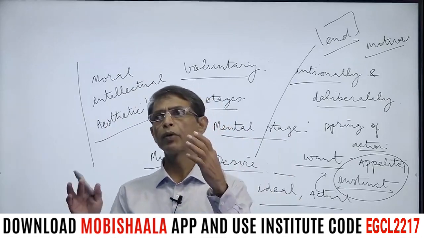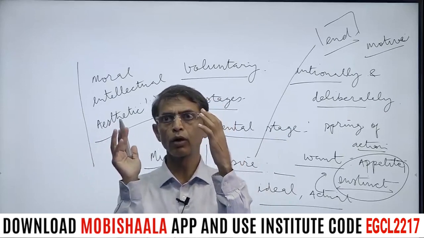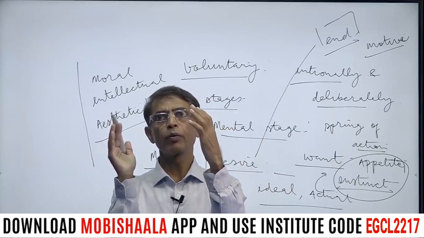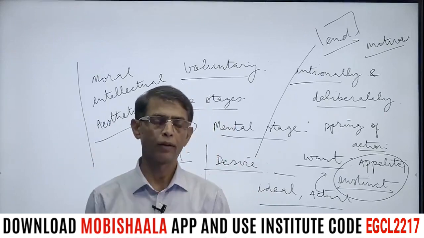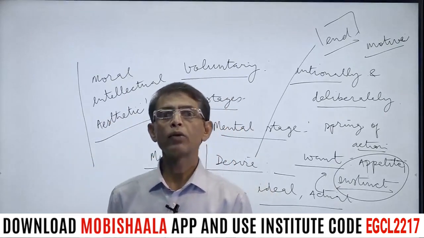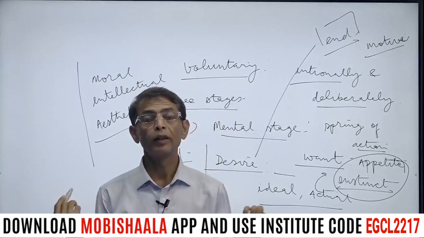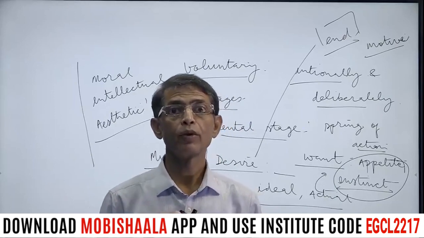Suppose he has thought of a particular object, like a particular restaurant over there. He has thought of a particular kind of dish. But suppose he may think of various kinds of motives.